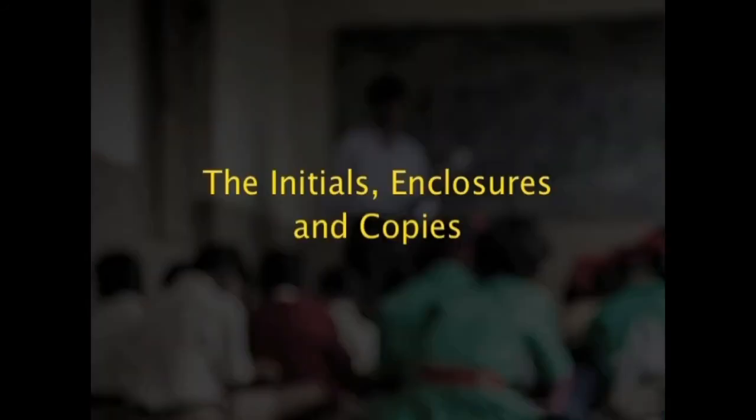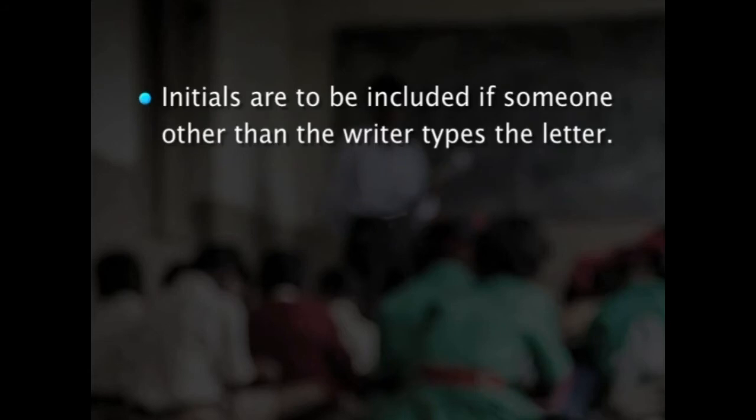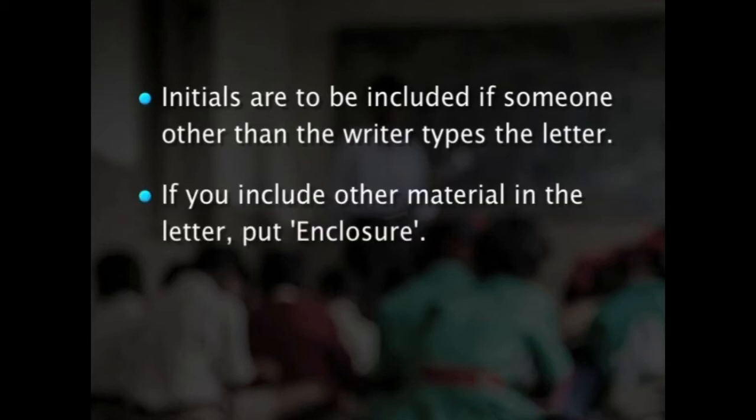And towards the end, the initials, enclosures and copies. Initials are to be included if someone other than the writer types the letter. If you include other material in the letter, put enclosure.